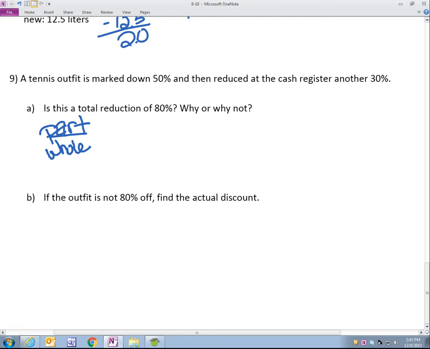So, for example, if you had a skirt that cost $50, okay? 50% off of 50 would mean it now costs $25, doesn't it? Yes. So now you'd be taking a discount of 30% of 25. Now 30% of 25 is a lot less than 30% of 50. It's actually half of it. See that?